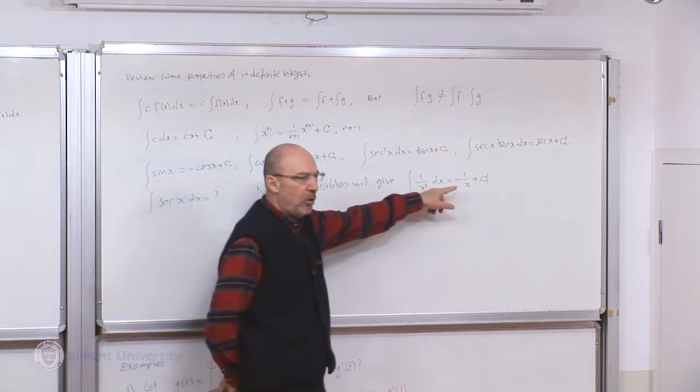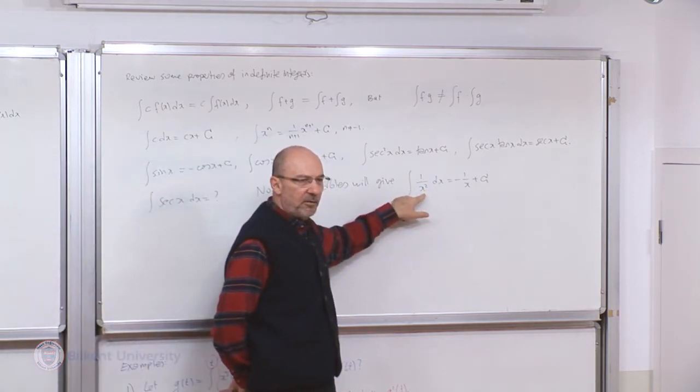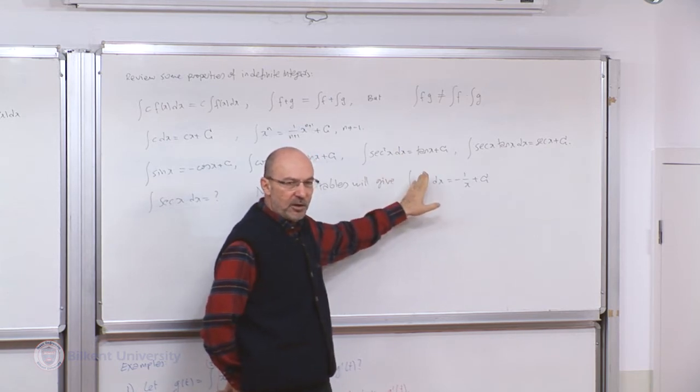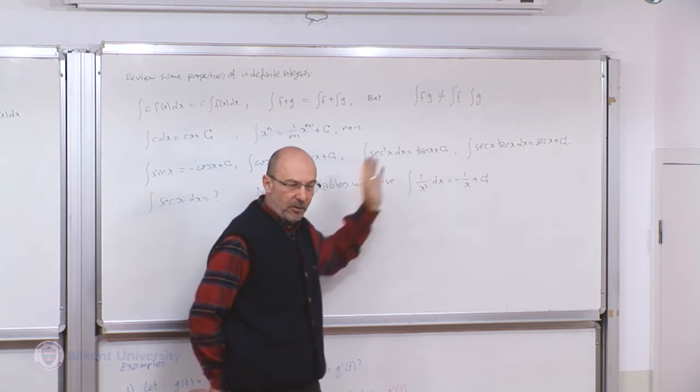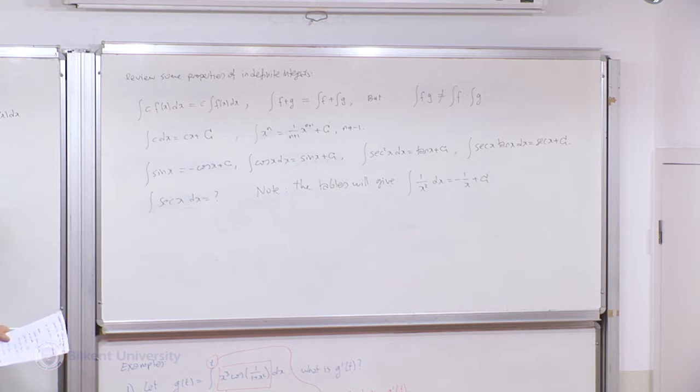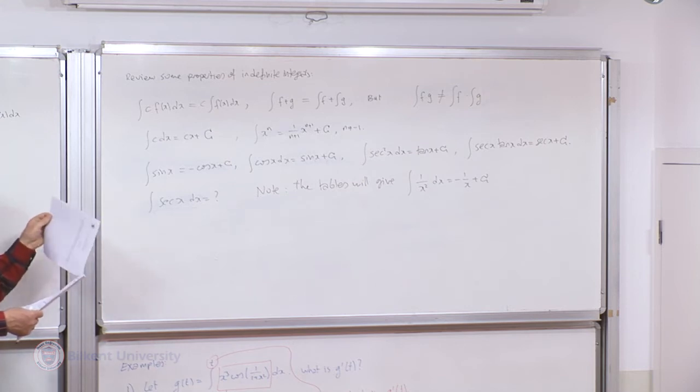This property holds when this function is defined and continuous on an interval. If your interval includes 0, then that condition is not satisfied, so don't use this. So the tables require your intelligence and your conscious manipulation.